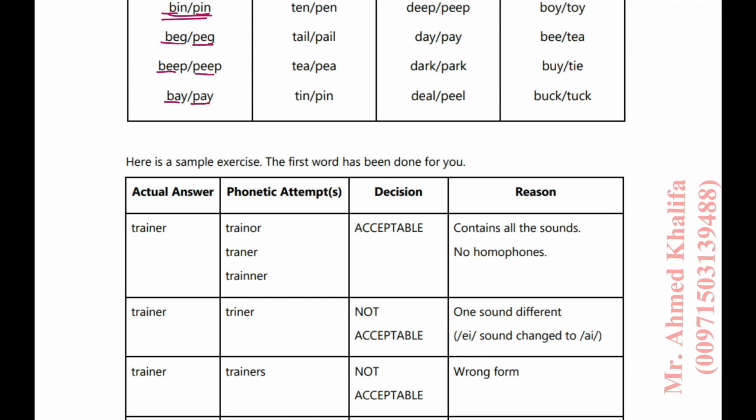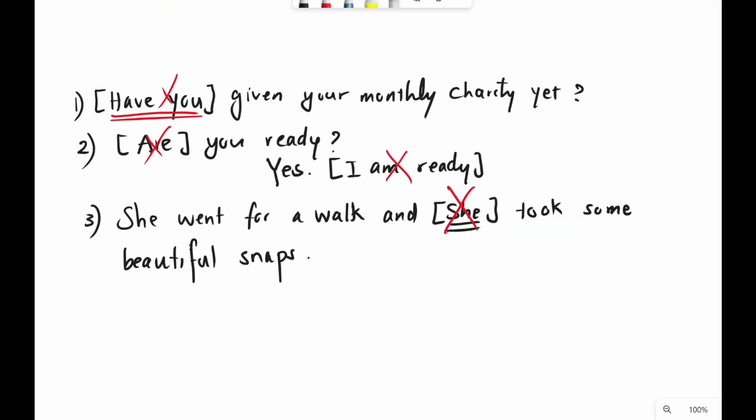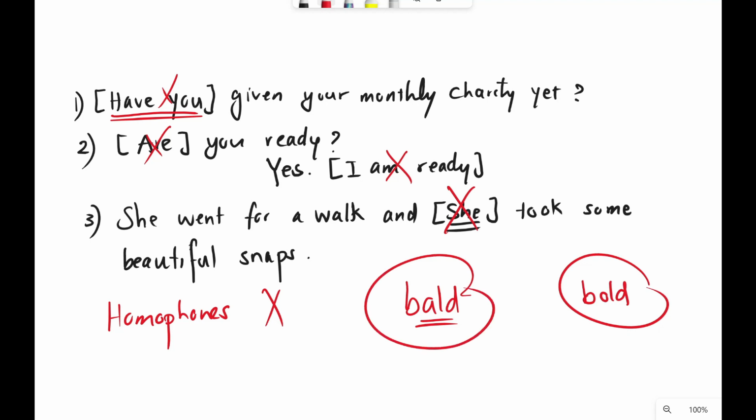What can be considered wrong? Homophones. If you still remember the homophones, they are wrong. For example, if they are asking about the word bold because the context supports bold, and you wrote it as bowled, as long as they are homophones, it is wrong. You understand? What else?